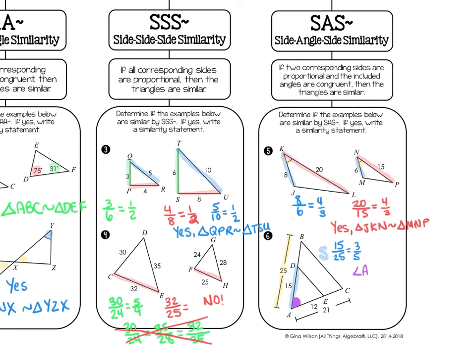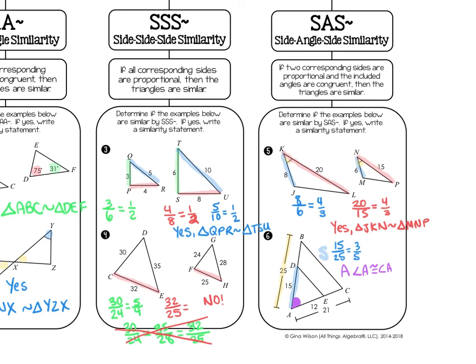Angle A is congruent to itself. That means we have a congruent angle that's included. Okay, so we've met side and angle. Now we're looking to see if the other side is proportional. So let's write that ratio.